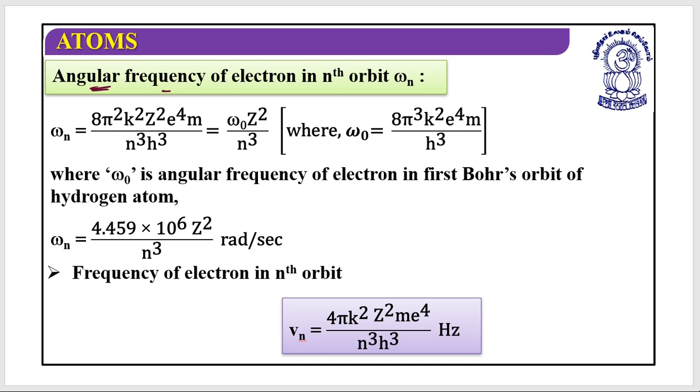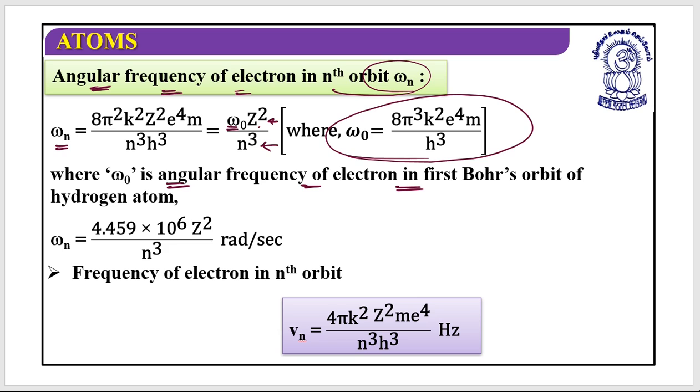Next, it's the angular frequency omega of an electron in the nth orbit. If I derive the omega of an electron, omega n would be equal to omega naught multiplied by z square by n cube, where omega naught is the angular frequency of the electron in the first Bohr orbit of hydrogen atom, given as 4.459 into 10 to the power 6.